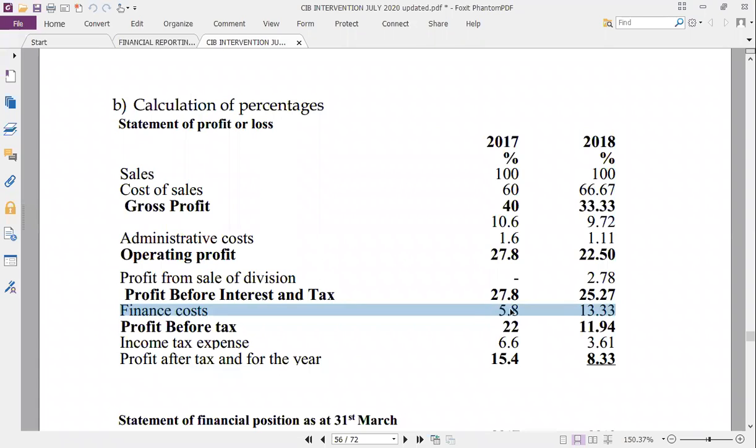The finance cost to sales ratio has increased over the period, contributing, it's a contributing factor, to the decline in the profit before tax. Perfect.